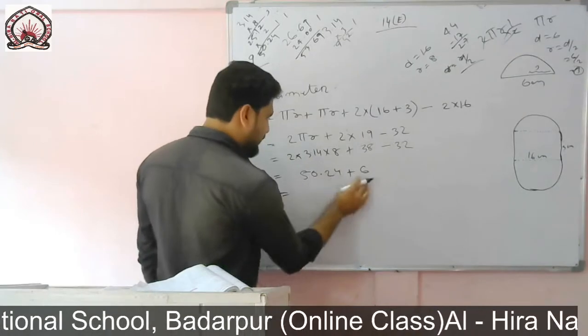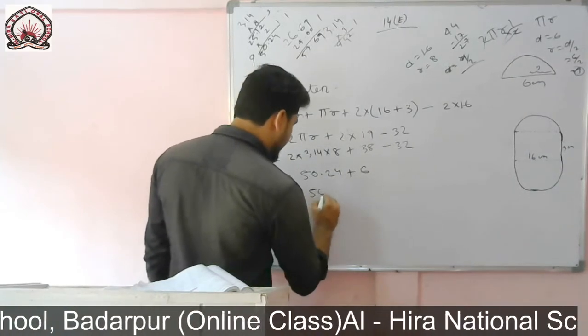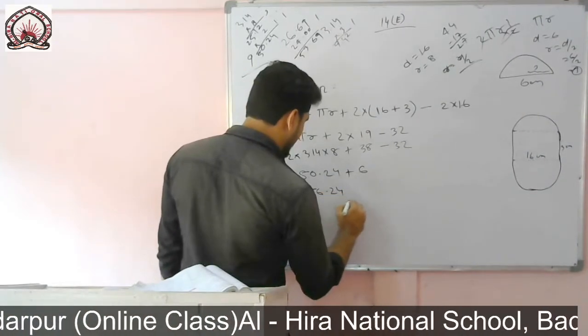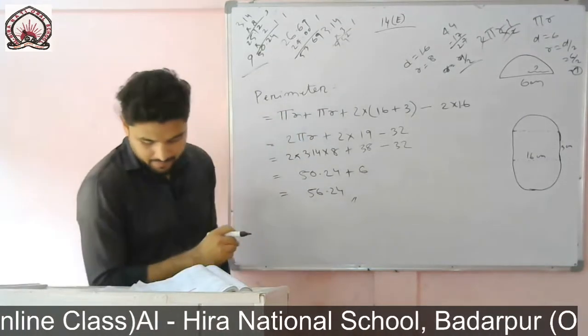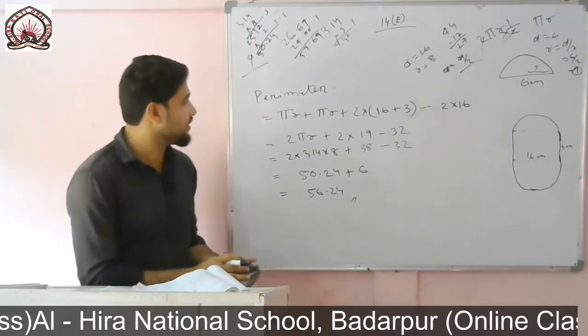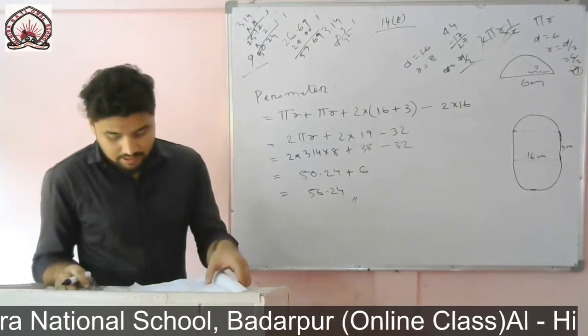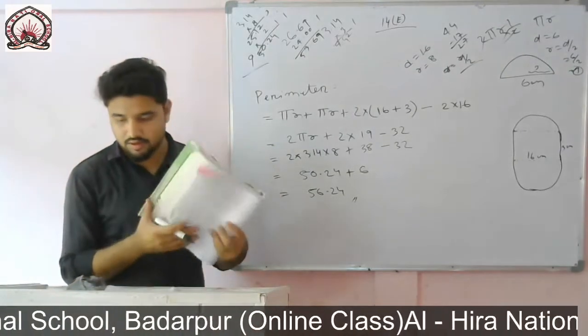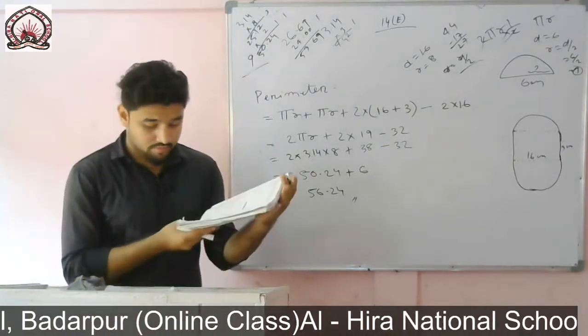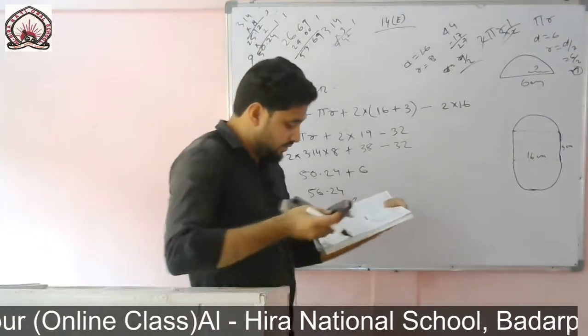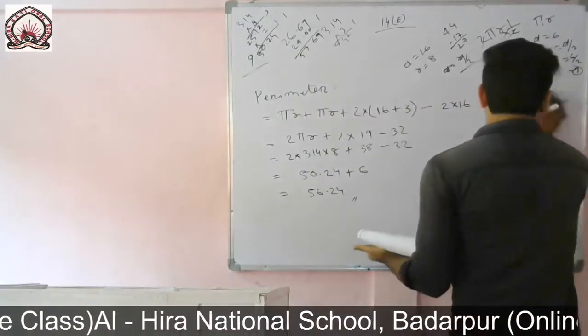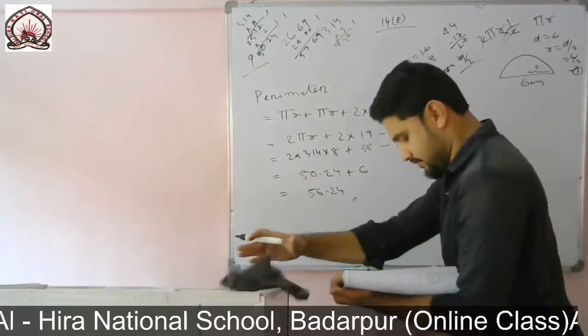So if we add, then we will get 56.24. Now come to question number 4. You see question number 4, what is given?